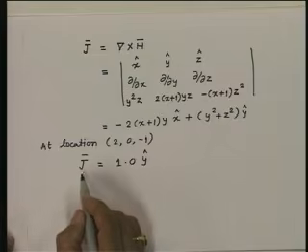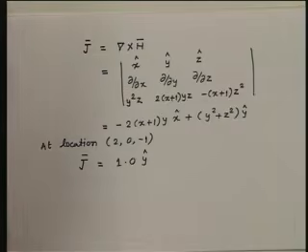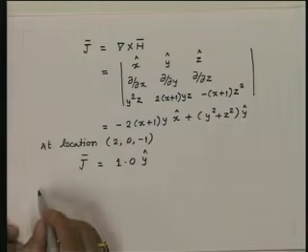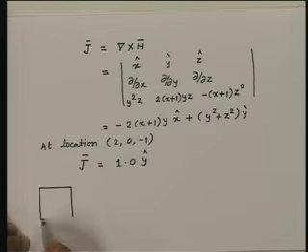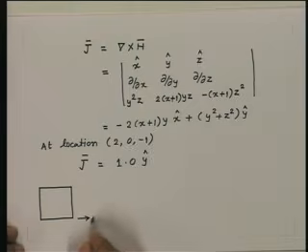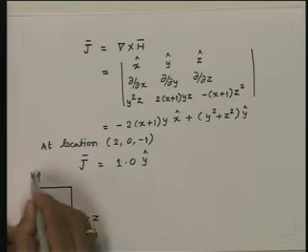Once I know the conduction current density, then I can find out the total current enclosed by the loop, which is defined by y equal to 1, x going from 0 to 1 and z going from 0 to 1. If I look at this in the xz plane, z is going like that, x is going like that.